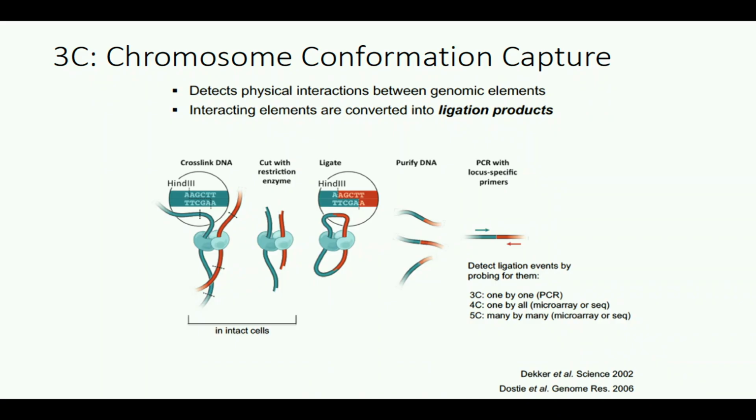And we can cut this small part that are contacting, and do this ligation, where things close up into a single DNA strand, and we can purify all of these parts that form this ligation, and use our sequencing technologies to get this map, and we map it back to the reference genome. Then we know these two parts of the genome are contacting with each other.